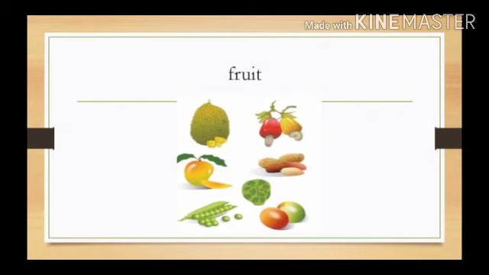We can see different types of fruits. We eat many different types of fruits. Each type of fruit has its own characteristics. They vary in their shapes, colors, taste, etc. Mango contains only one seed, whereas jackfruit consists of many small fruitlets, each with its own seed.